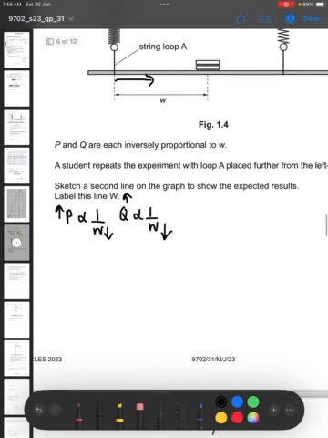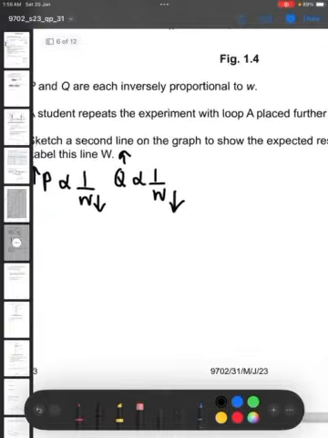Okay, fine. The question then asks, sketch a second line on the graph to show the expected results. Remember, it's a sketch, so you don't need values. You just need to sketch a second line on the graph to show the expected results. Label this line W. So how do you sketch such a graph?